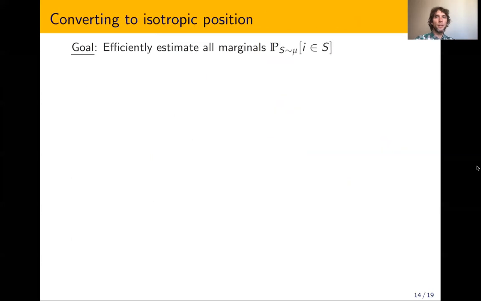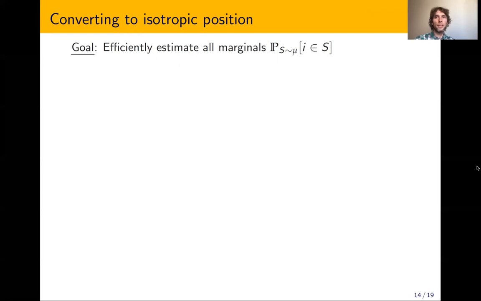To complete our main results, we must show how to convert any distribution with a log-concave generating polynomial to nearly isotropic position. In fact, as I mentioned earlier, all we need to do is to estimate the marginal probabilities of each element of the ground set.